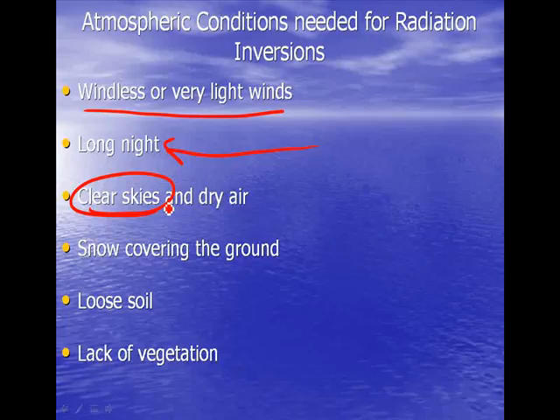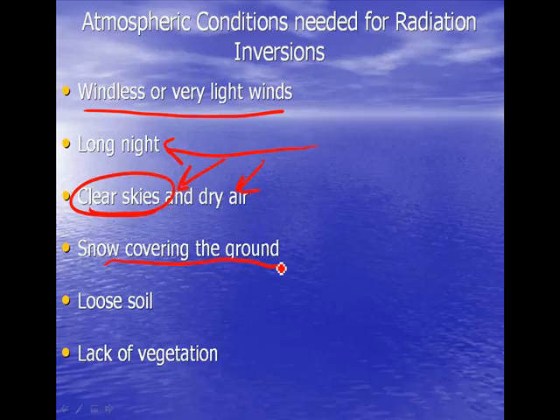So if you want a strong radiation inversion, in other words, a strong increase in temperatures with height at night based upon the Earth losing radiation, you need clear skies, dry air, and snow covering the ground. Snow is an excellent emitter of infrared radiation.